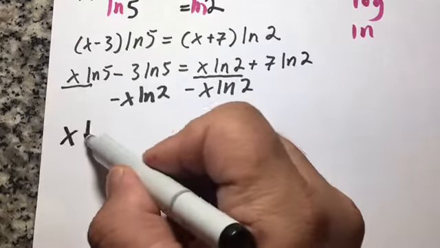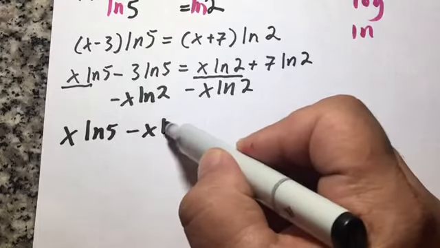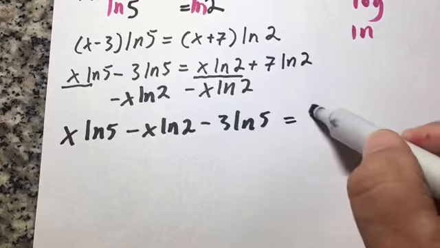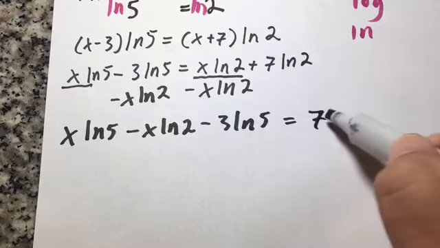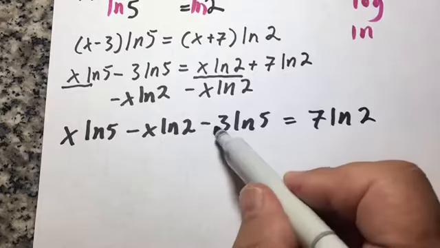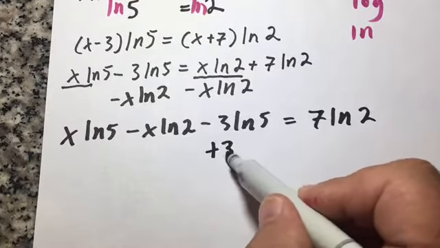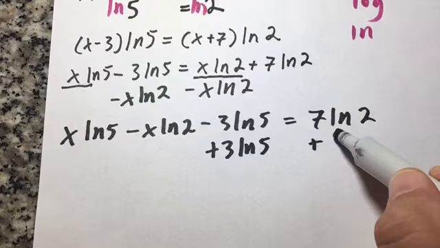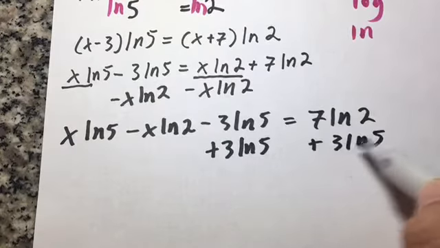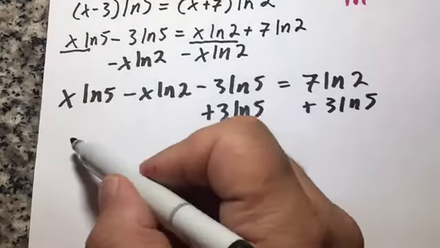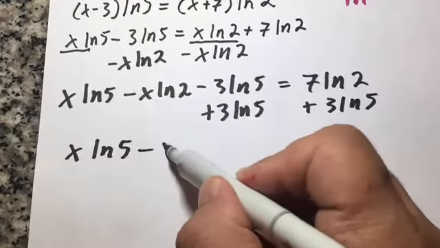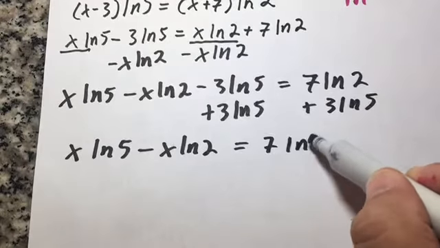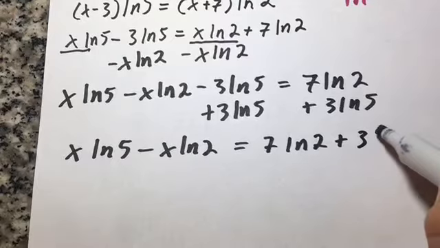That's going to give me x ln 5 minus x ln 2 minus 3 ln 5 equals 7 ln 2. I'm sorry, I want to add the 3 ln 5 to both sides. These don't combine. x ln 5 minus x ln 2 equals 7 ln 2 plus 3 ln 5.